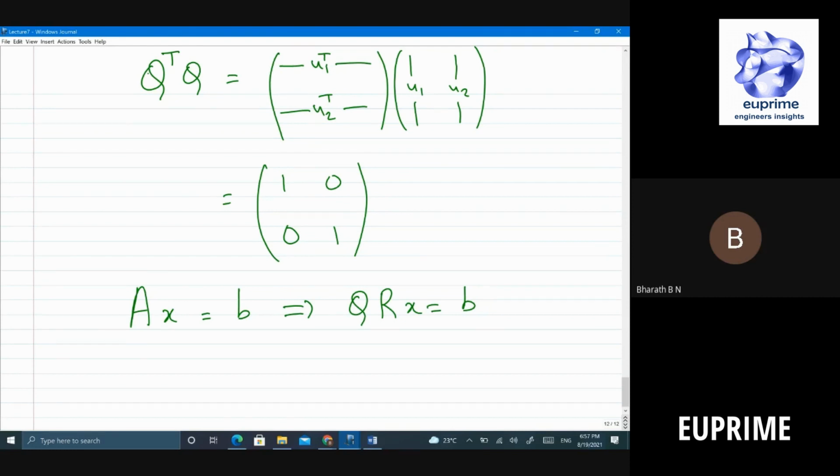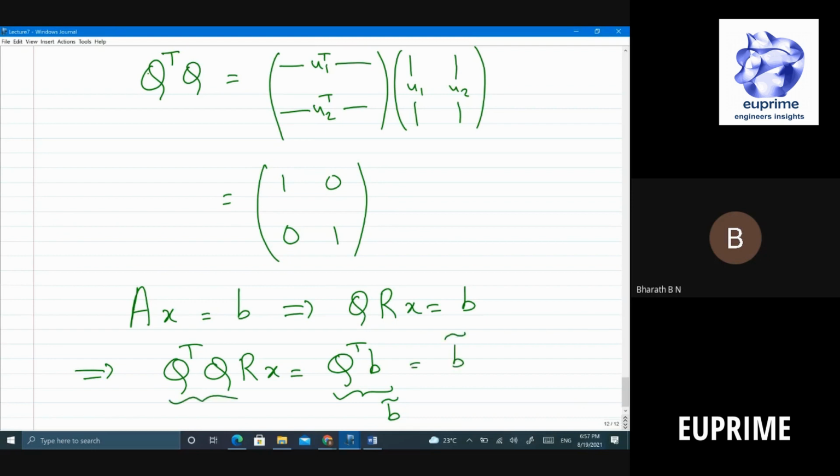Matrix multiplication is easy, inversion is difficult, it's a complex operation. So this implies Q transpose Q R x is Q transpose b. Very easy operation, just a multiplication of a matrix by a vector b. So let me call this b tilde.